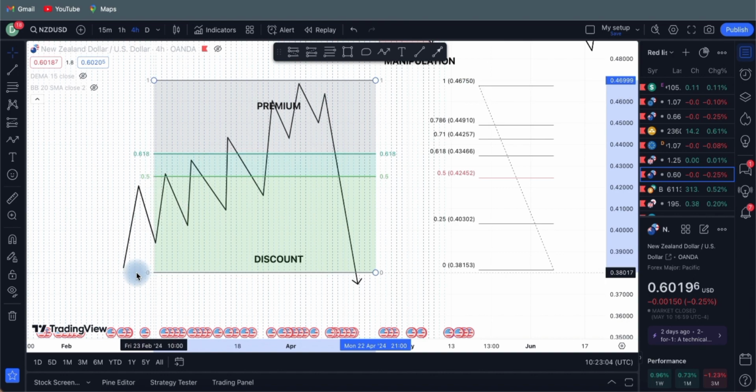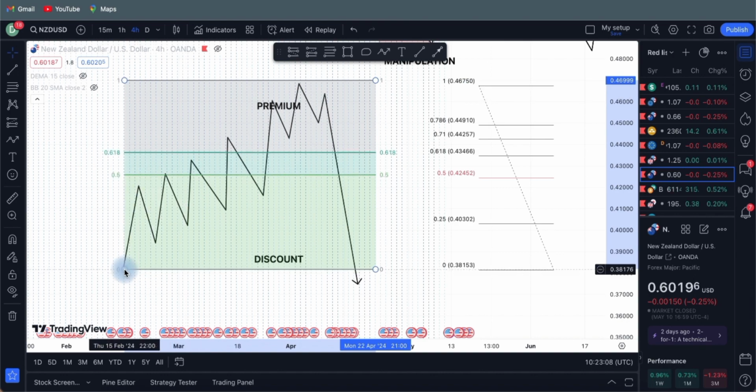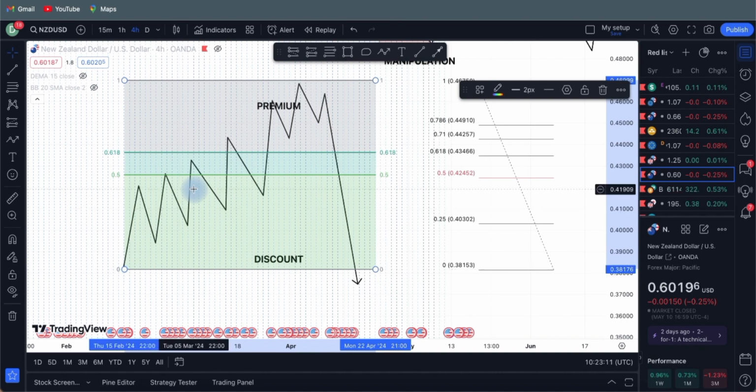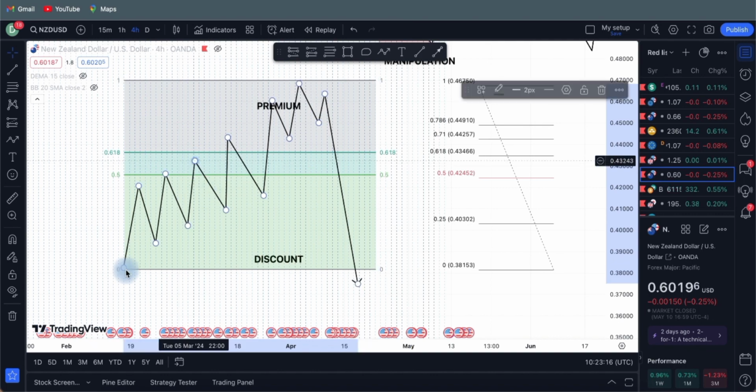I'm talking about the low of your macro structure, but if you are a lower time frame trader, you can also use your lower time frame to do this. So you use the lower low of your macro structure, then the higher high, the swing high or swing low of your microstructure.